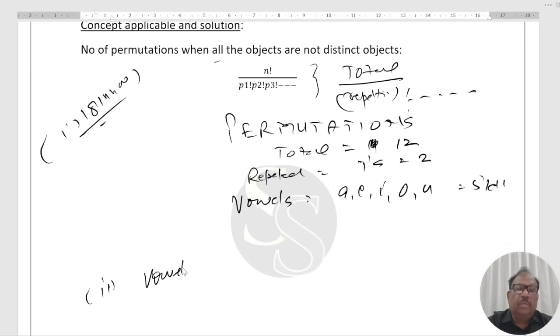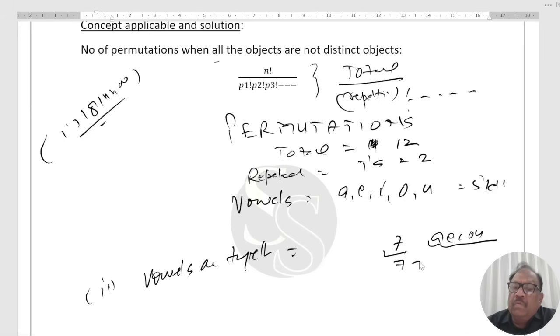Part 2, vowels are together. Vowels together means A, E, I, O, U considered as 1, 7 remaining, 7 plus 1, 8. In this case, repeated are 2.